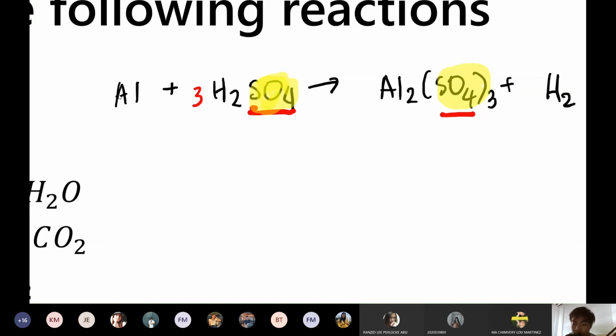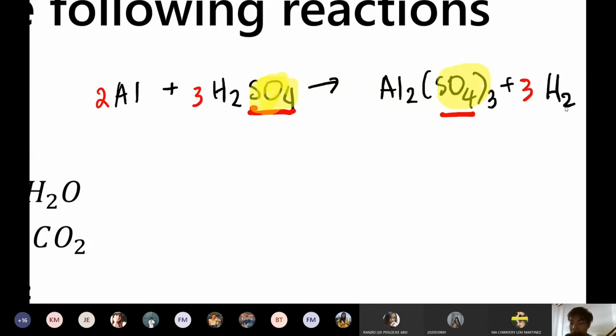So that means I have to multiply this by 2. So balance na yung aluminums. Then lastly, hydrogens. So I have 3 times 2 hydrogens. So that's 6. And I have 2 hydrogens on the product side. So to make it 6, I will just multiply it by 3. And with that, my equation is already balanced now.